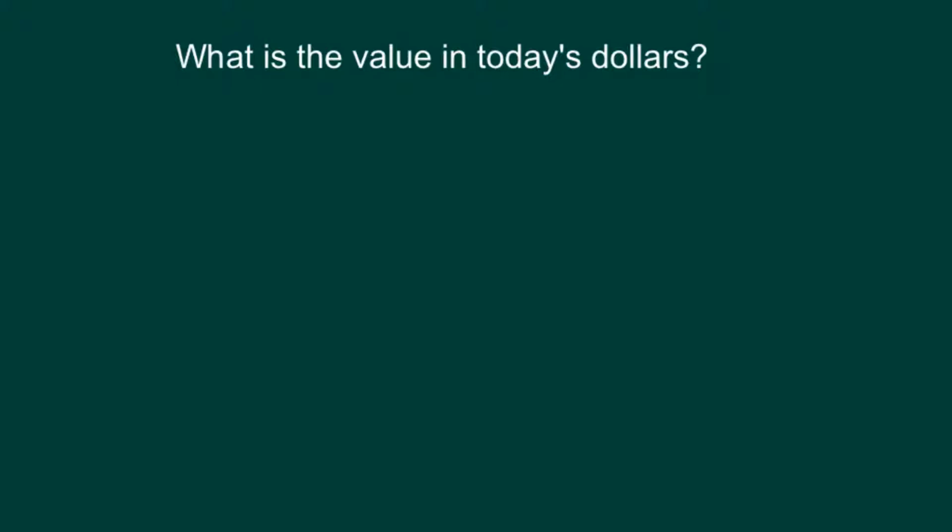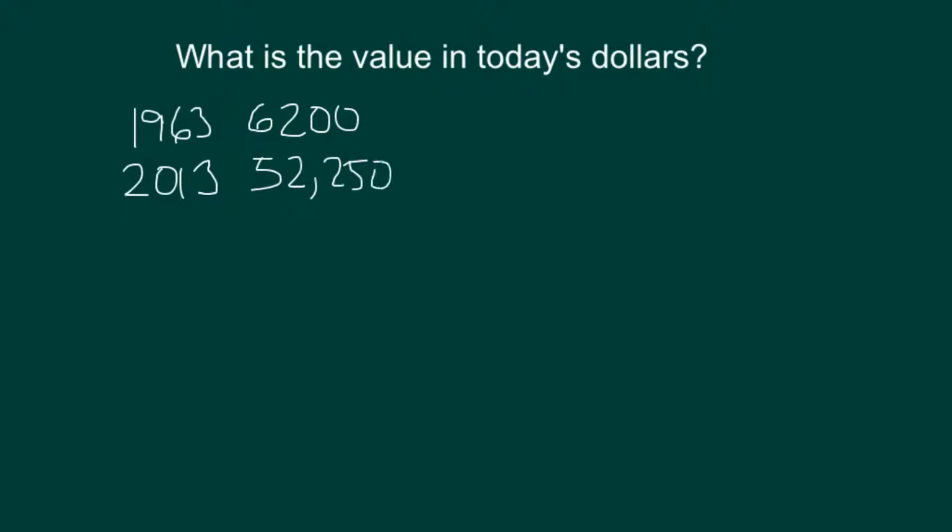So I have some data that tells me that the 1963 median income is, let's see, 6,200. And we're going to compare that to, let's do 50 years later, 2013 median income, reported as 52,250.